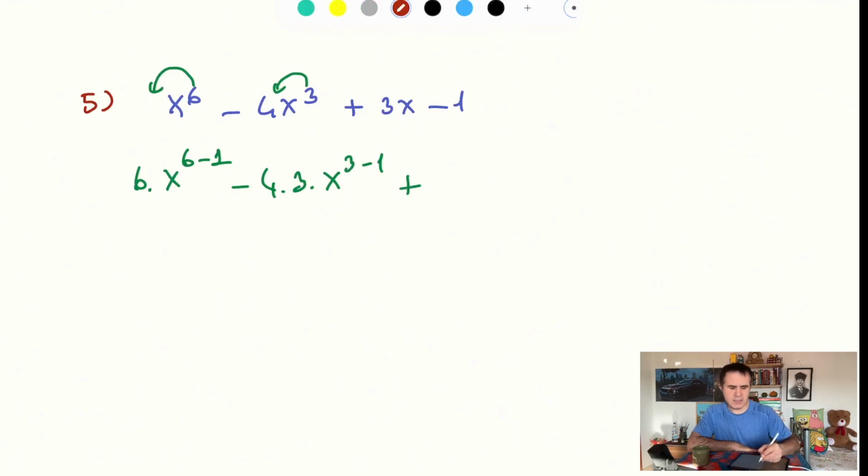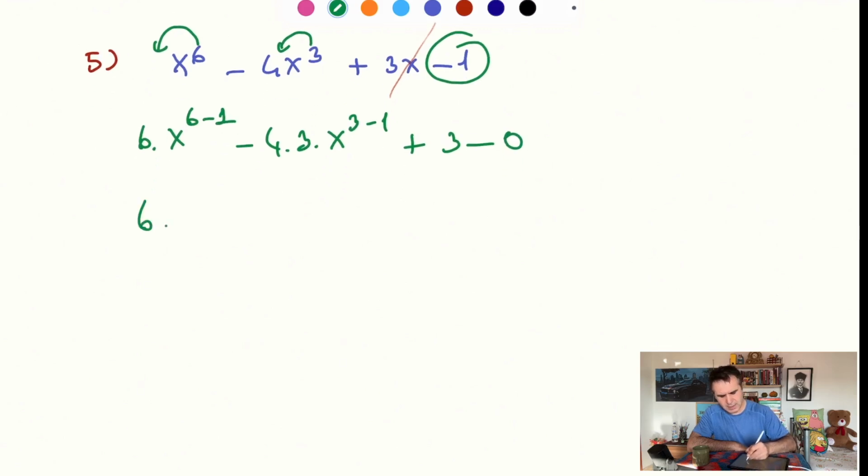When taking the derivative, x vanishes and this will be equal to 3, and the derivative of a constant is 0. 6 times x to the power of 5 minus 4 times 3 is 12 times x to the power of 2 plus 3, and the answer is this.